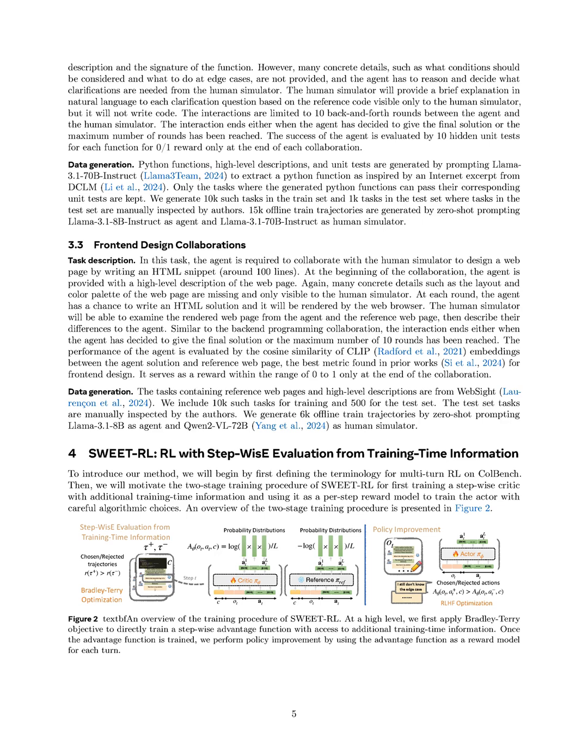The process begins with the agent receiving the initial instruction and hidden training time information, such as a reference web page. As the agent interacts with the human simulator, it generates HTML snippets and asks clarifying questions to gather more details, leading to a maximum of 10 interaction rounds.